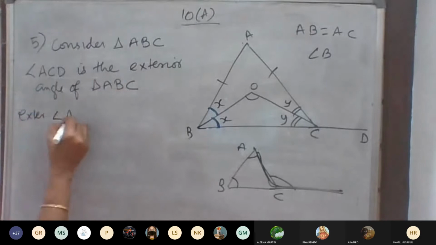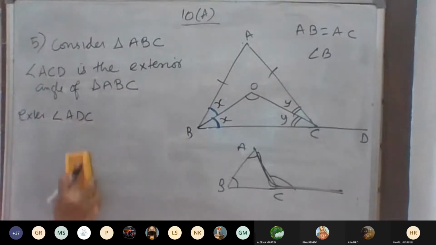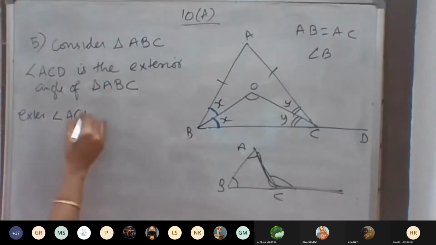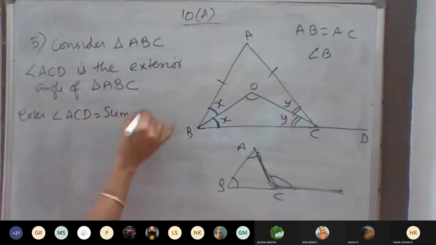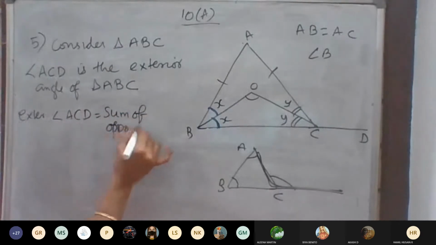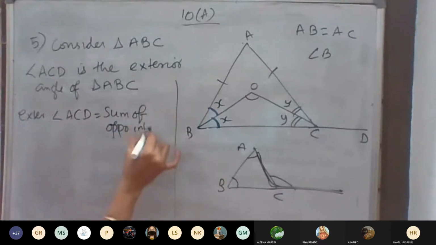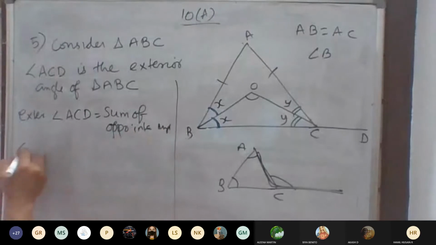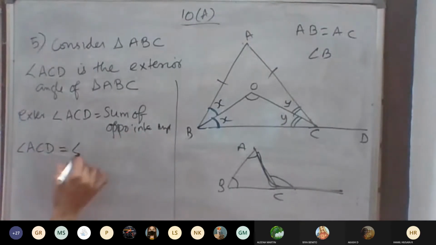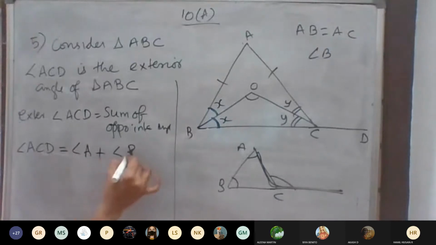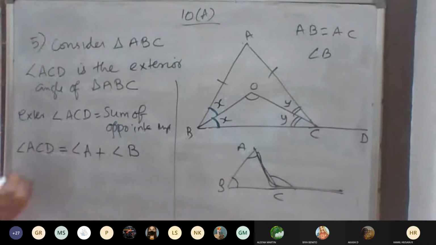Exterior angle ACD is equal to the sum of opposite interior angles. That is, angle ACD is equal to angle A plus angle B. That is enough. Therefore, angle ACD is equal to angle A, which we got.